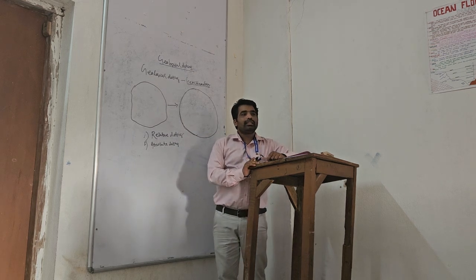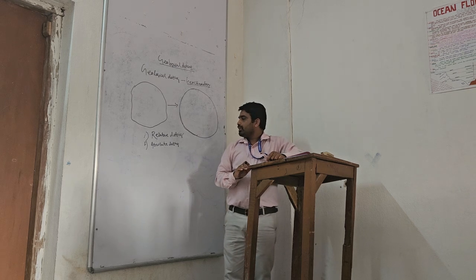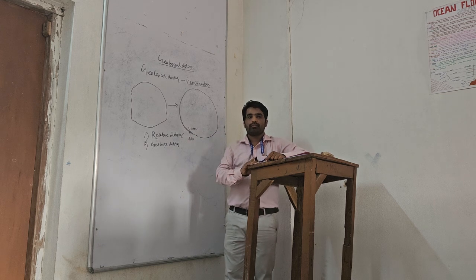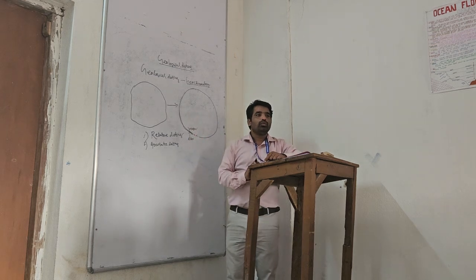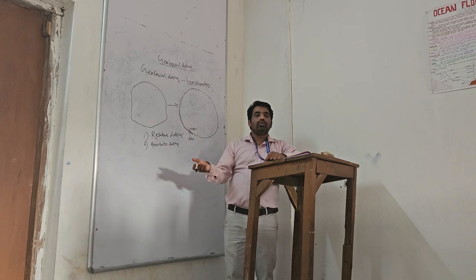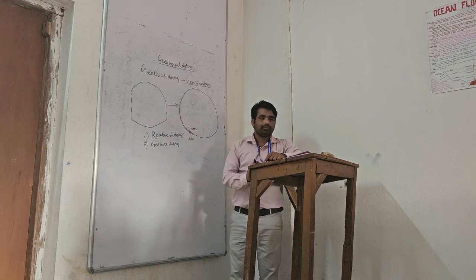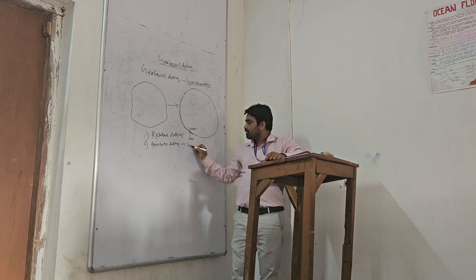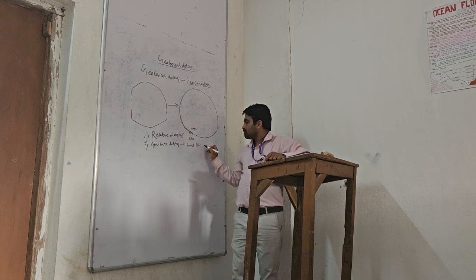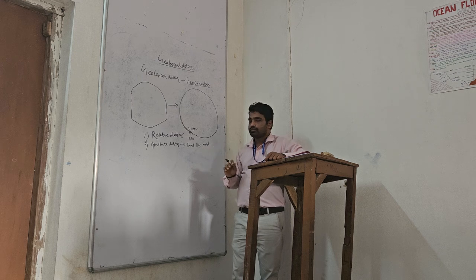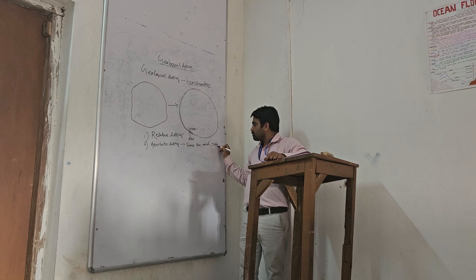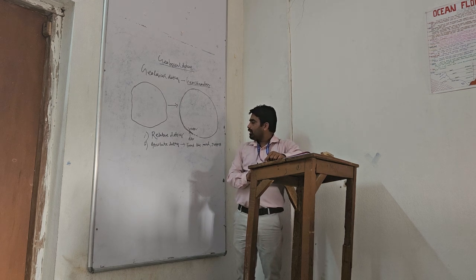Relative dating deals with the older to younger succession. Older to younger means which one is younger and which one is older. And absolute dating gives the exact time period. For this we need several isotopes or radioisotopes.